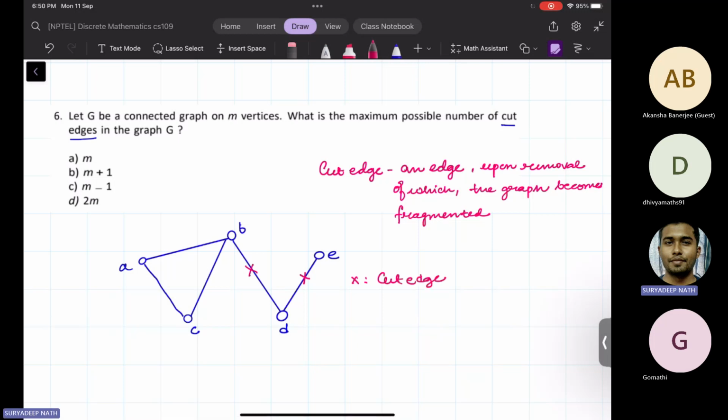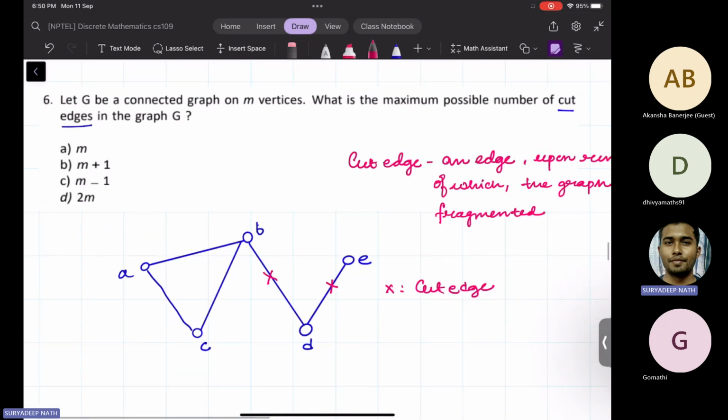Okay, so that is not the question that they have asked. They have told us that we have a graph G with m vertices. So what is the maximum possible number of cut edges in the graph? They have not given us any specific graph. They have just asked what is the maximum possible number of cut edges we can have in the graph.